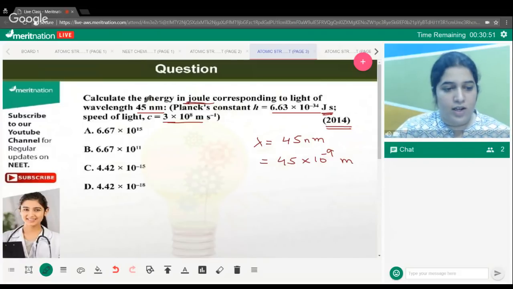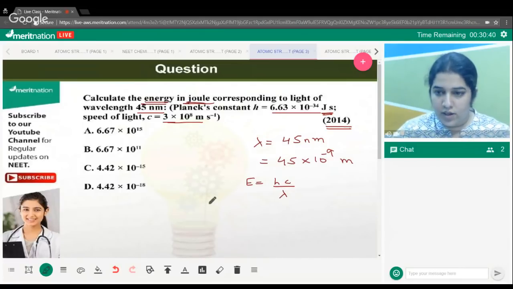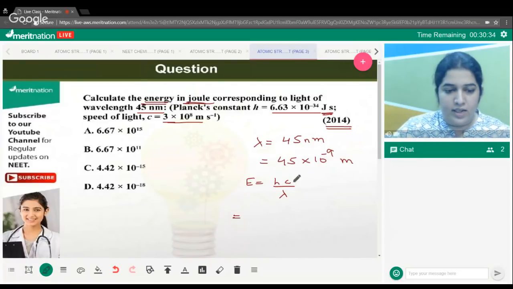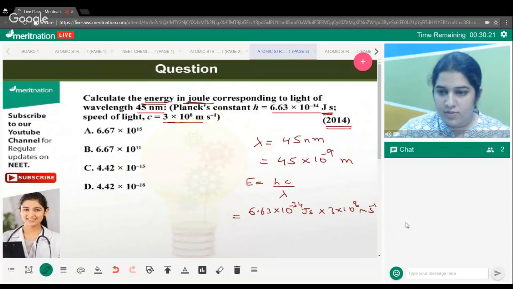What do we need to calculate? We need to calculate the energy, right? So energy is equal to hc upon lambda. We know this, right? E is equal to h nu. So we can write down E is equal to hc upon lambda. This is a simple calculation that we need to perform. So H is given to us 6.63 into 10 to the power minus 34 joule second into C is given to us as 3 into 10 to the power 8 meter per second, right?